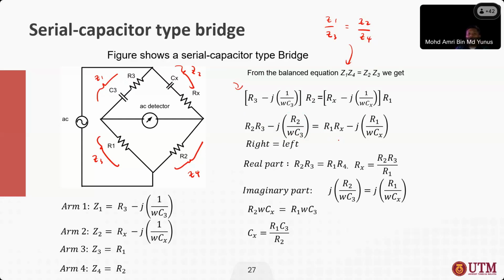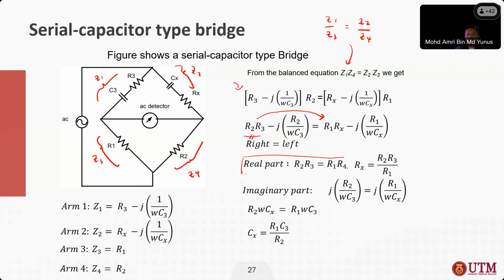For example, on the left part, the real part is R2, R3. So R2 multiplied with R3 will be equivalent to R1 multiplied with Rx. So for the real part, we get this relationship.